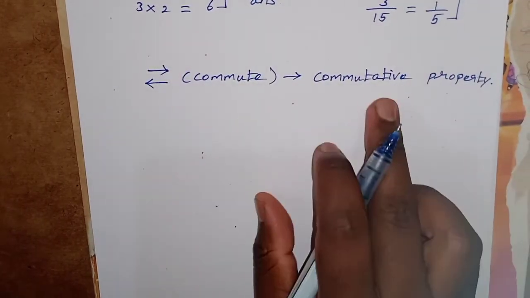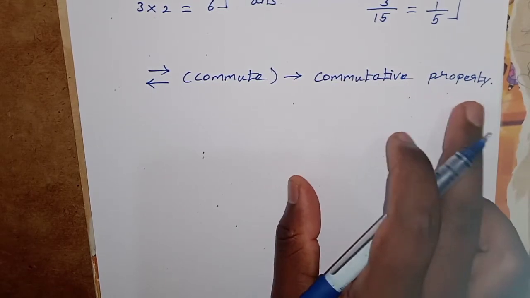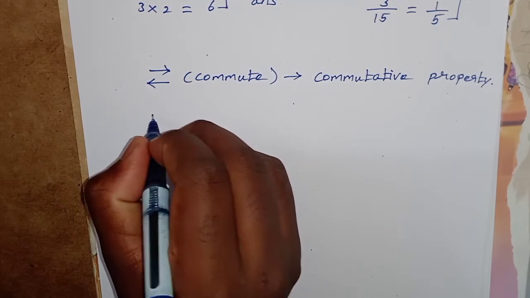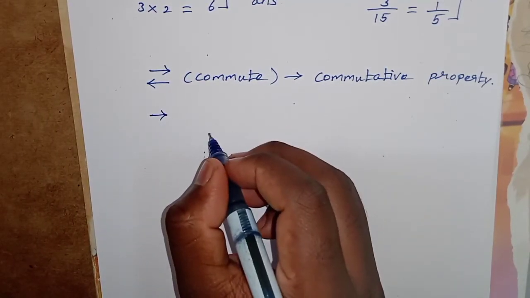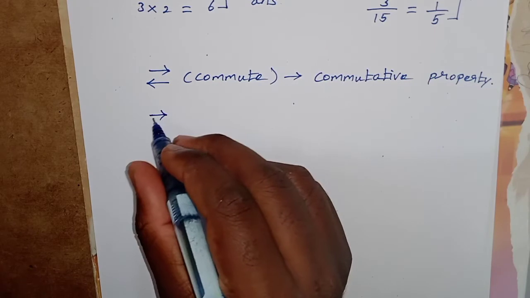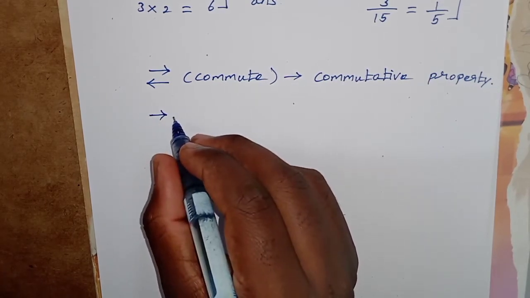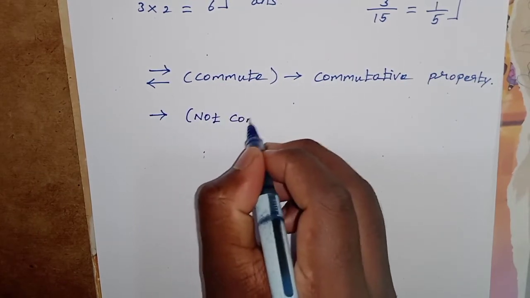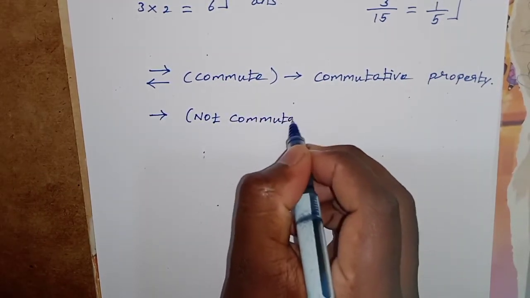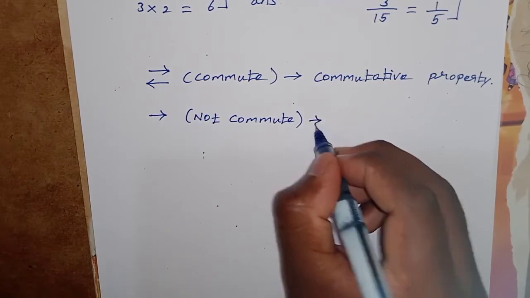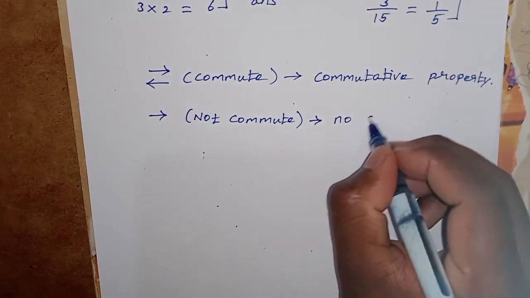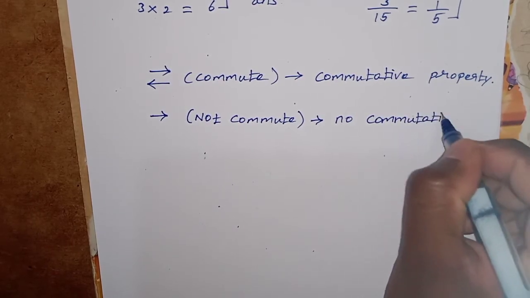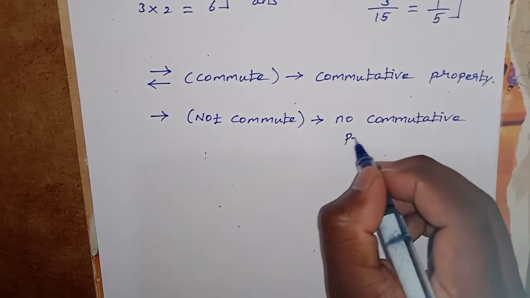But for subtraction and division, here left to right only, therefore here it is not computed. Therefore no commutative property exists.